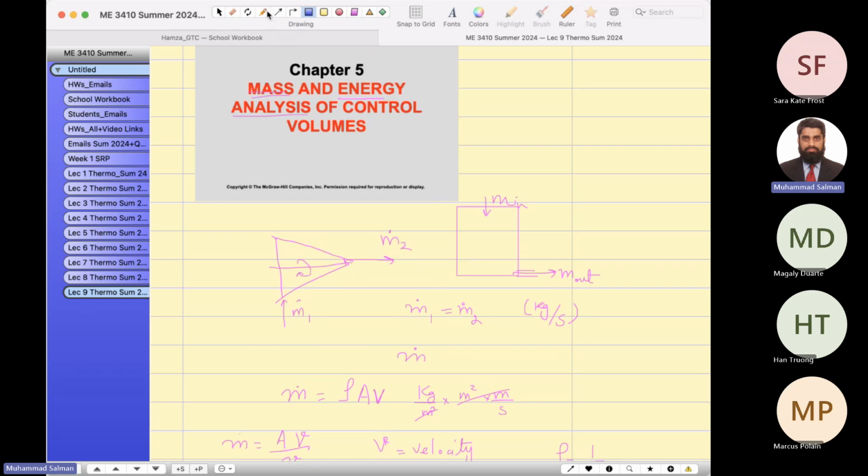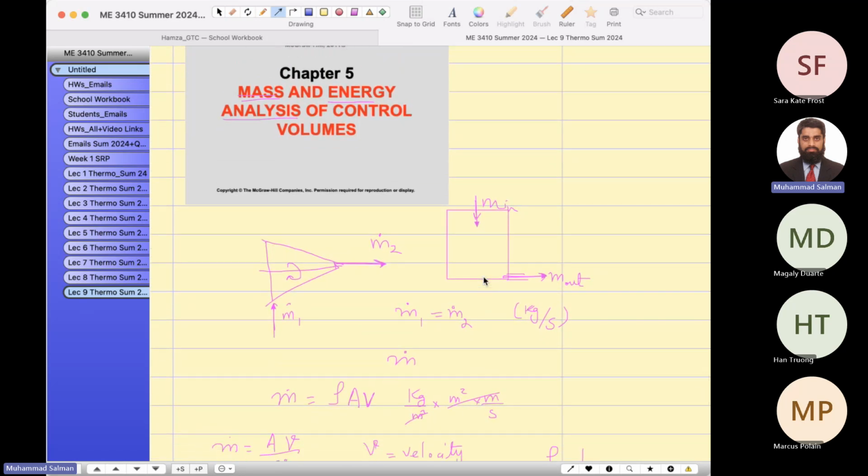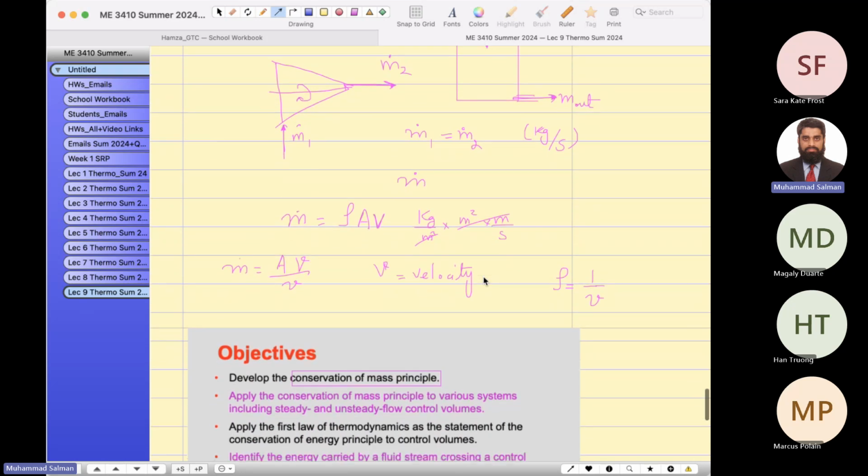Look, whatever mass goes inside the device, the same mass comes outside the device. Mass coming in, mass leaving the system. We also call it a steady flow, in which the mass remains constant inside the device.